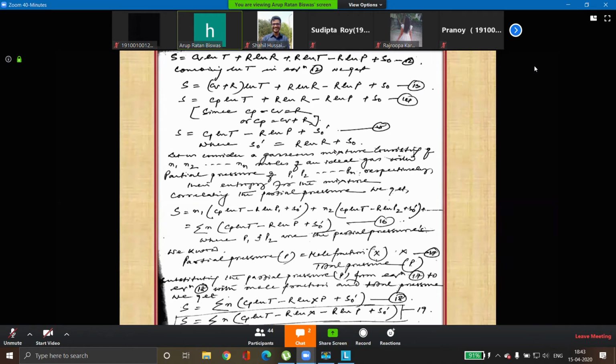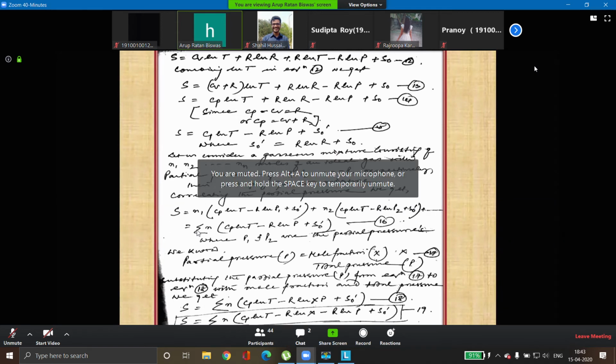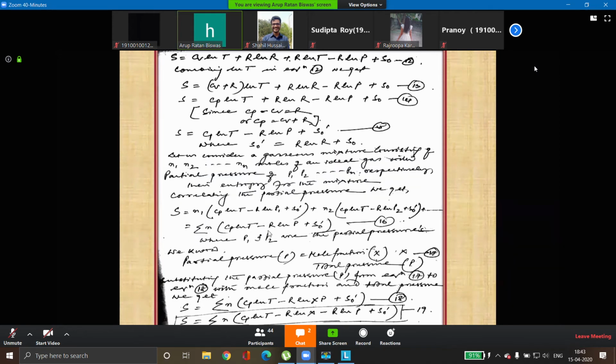Then the entropy for the mixture in terms of partial pressure, we get S equals N1 Cp ln T minus R ln P1 plus S0 prime, plus N2 Cp ln T minus R ln P2 plus S0 prime, and so on. Then we write the summation of N Cp ln T minus R ln P plus S0 prime, where P1 and P2 are the partial pressures.